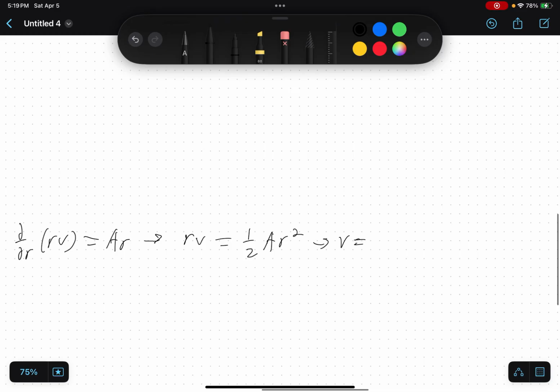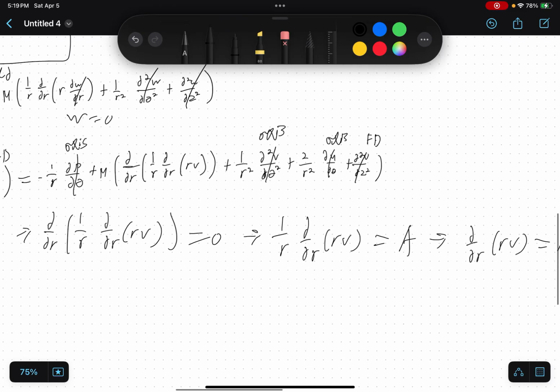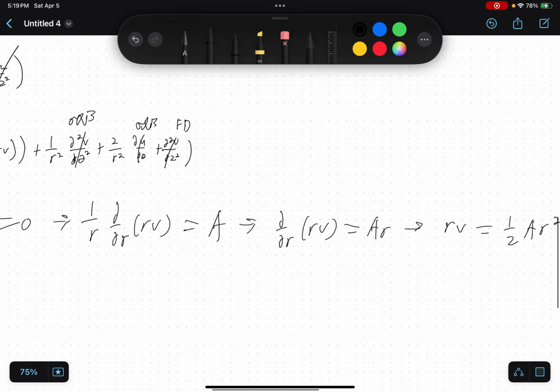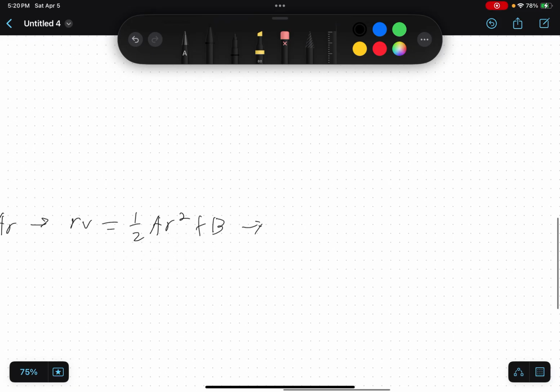So v is 1/2 a r, because you divide by r, plus b over r.